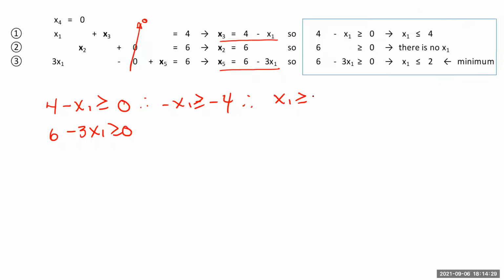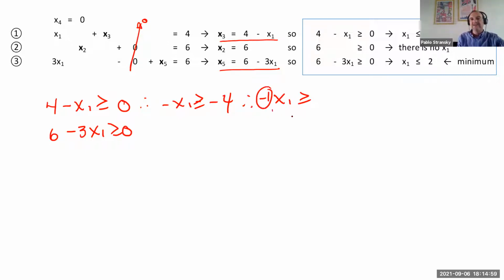Teacher, but wouldn't the sign change? Because you're dividing by a negative number. Yes, you're correct. I was going to do that at this moment. So we change the sign, and it stays like 4. That's what you were saying, no? Yes. What I was going to say is we have this, and here we have -1.